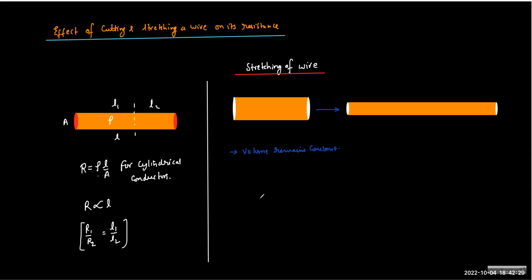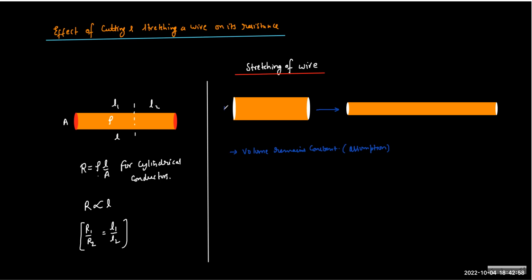Again, I'm saying although it is not necessary, this is merely an assumption, and by default we have to follow this assumption unless it is explicitly mentioned in the problem to take the Poisson ratio into consideration and also check for the volume change. Then that will become a challenging problem.